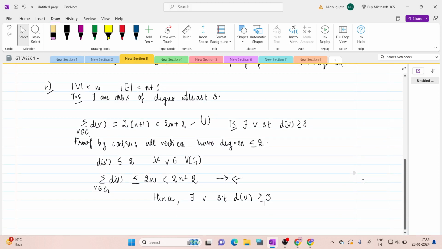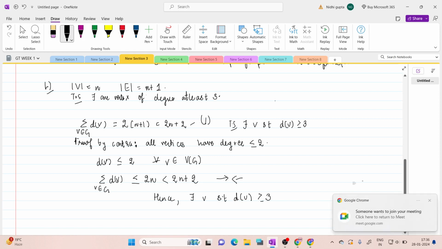But it is given that G has n vertices and n plus 1 edges. If you have one vertex, you cannot have two edges, right? So the n equal to 1 case cannot happen here.